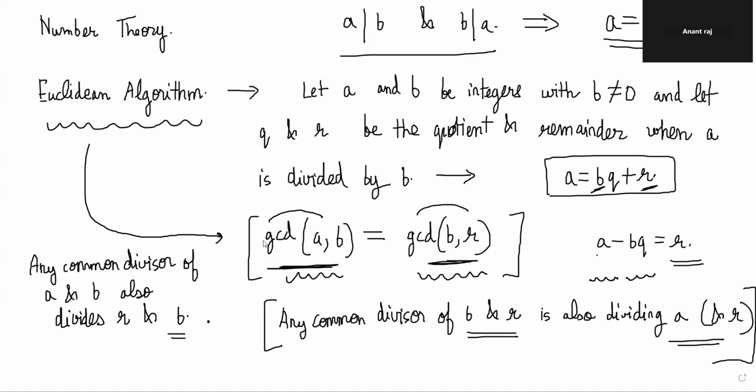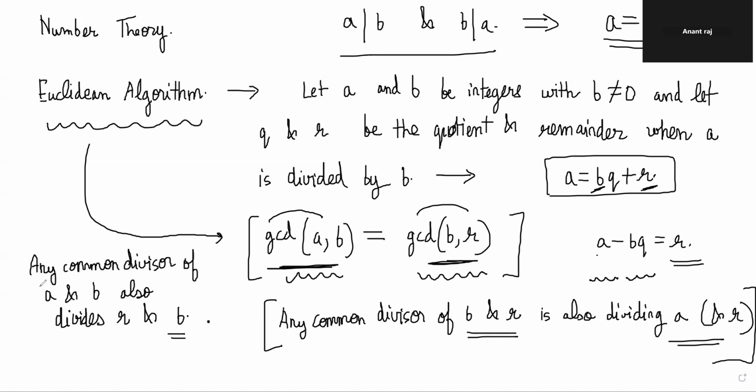A common divisor of A and B will divide a common divisor of B and R, and similarly a common divisor of B and R will divide this. That's how you're showing the equality. And once you are getting that, you can do the algorithm.